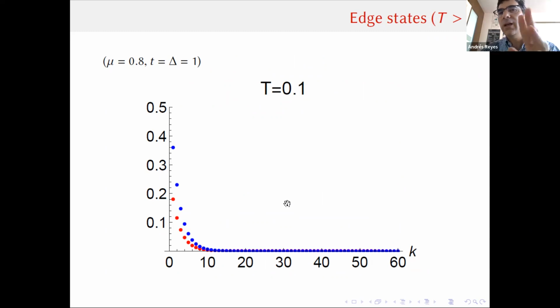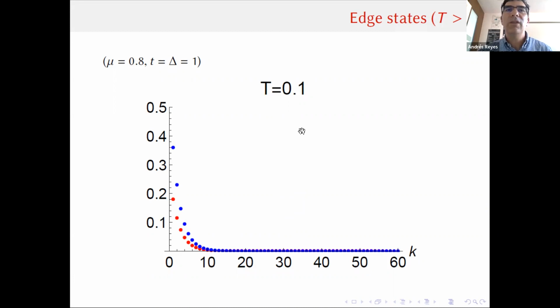Now I only keep one of the modes, the one that localizes towards the left side of the chain, and I display in blue color what happens at t equals 0, and in red color what happens at t equal 0.1 in the units I am using.